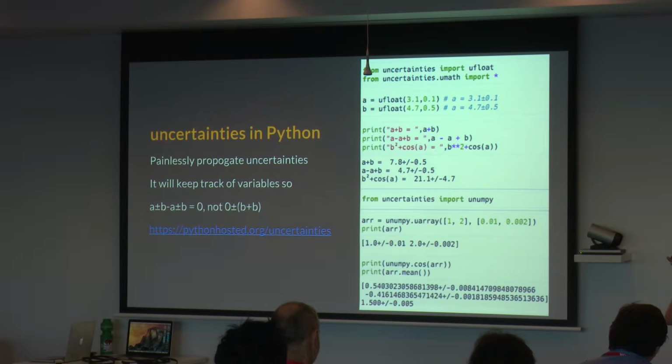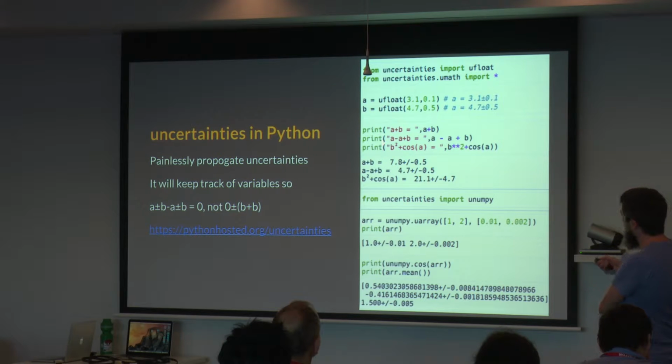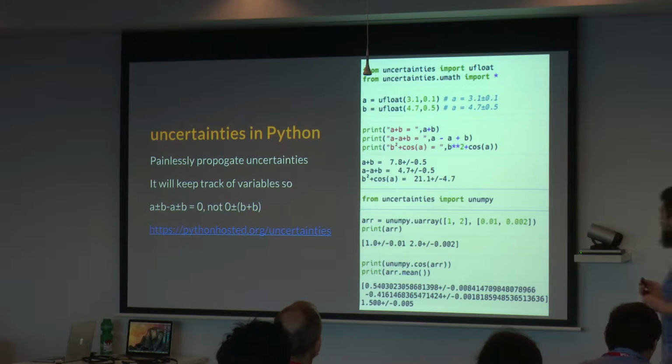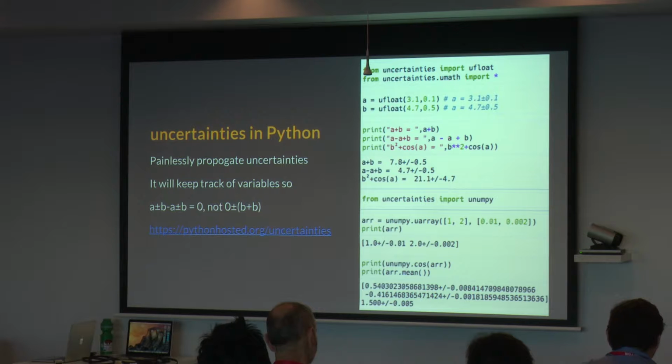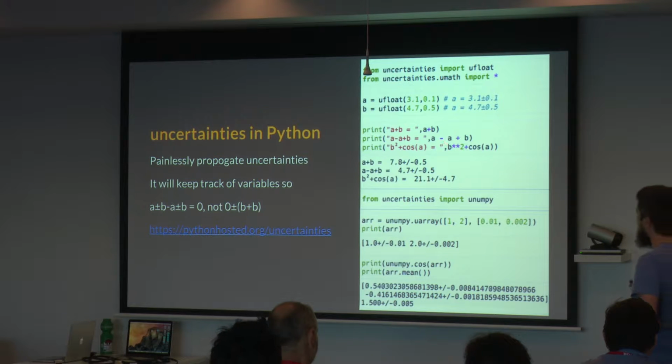And then you can just do maths. You can say, what's A plus B? What's A minus A plus B? What's B squared plus cos A? And it just works it out for you straight away and does all the right uncertainty propagation. It follows all the rules. A really useful thing I find is that where effectively you're subtracting the same thing from itself, so A minus A, it knows that this is 0.